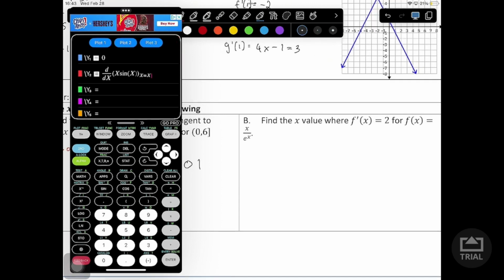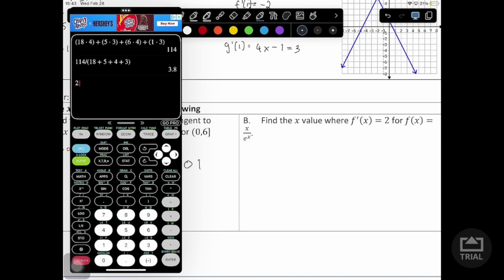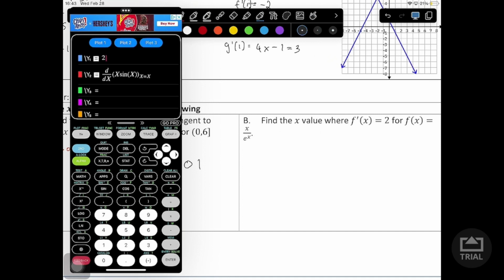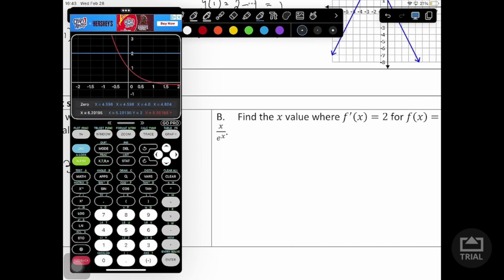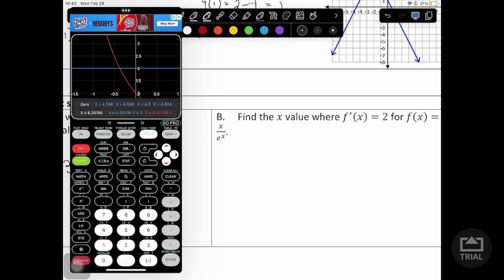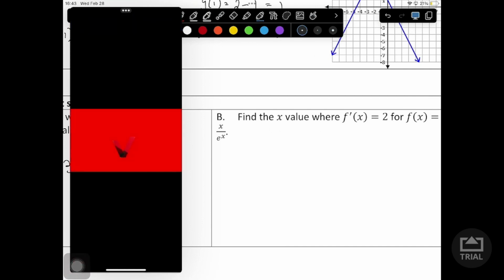First, in y1, I'm going to put in 2, and here I'm going to clear it, math 8, and put in my function, which is fraction x over second, division sign, that gets my e to the power of x, and then my second x. Now I'm going to graph it. That gets me this point. So I'm going to do second, trace, number 5, that gets my intersect.